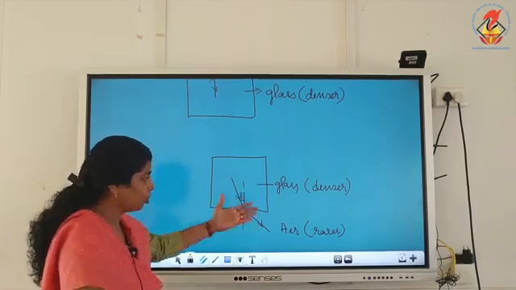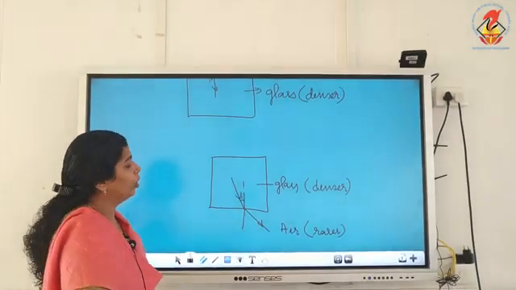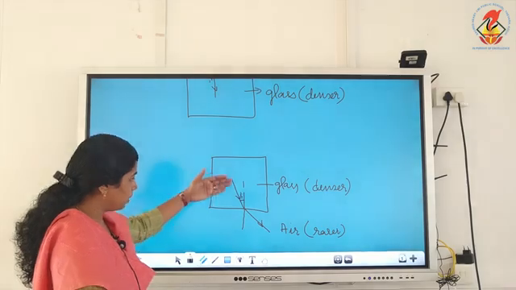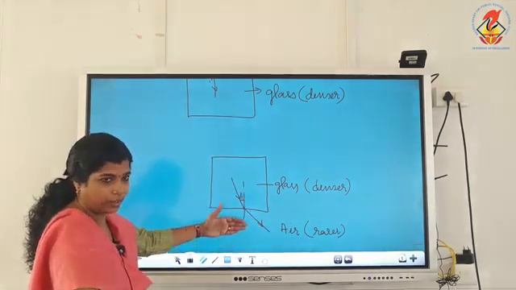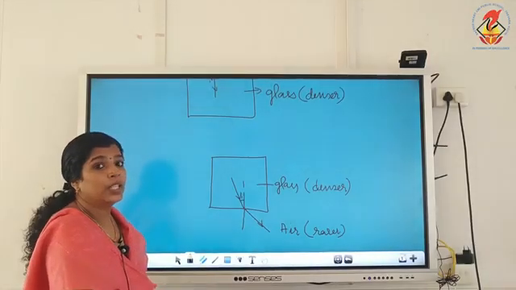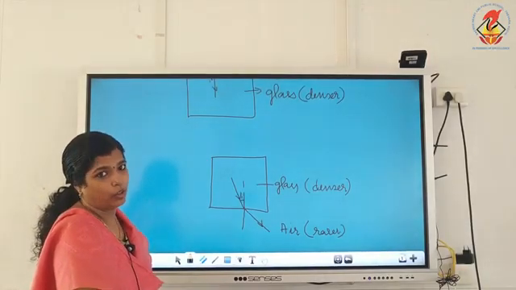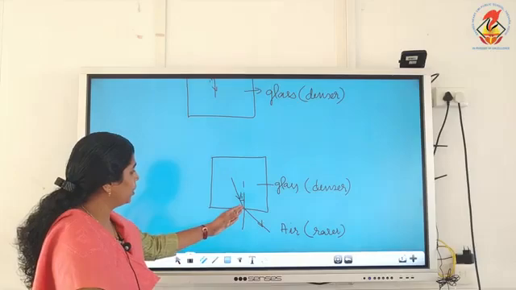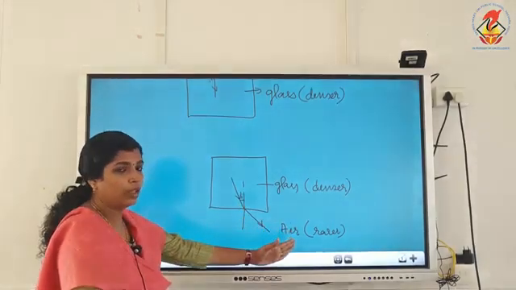When a ray of light travels from glass to air, the ray of light will bend away from the normal at the point of incidence.